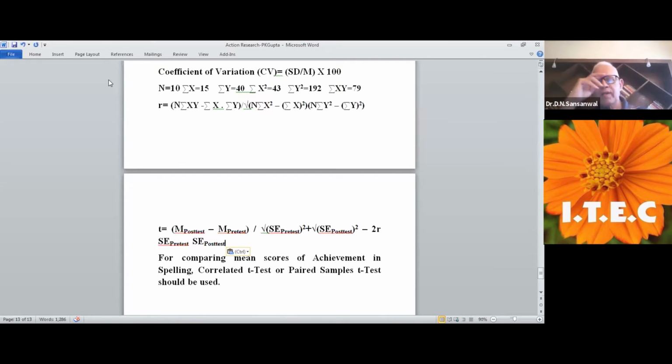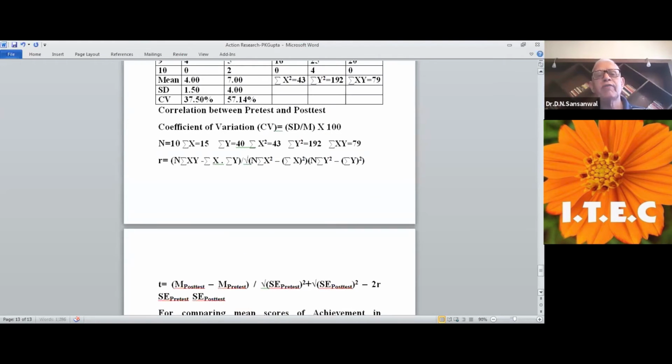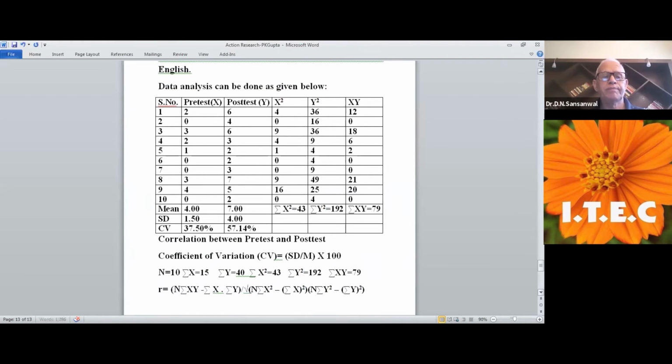Now, let me tell you the interpretation which I'm supposed to tell. So I'm telling you the interpretation now. And I will do interpretation for both so that you have not to worry about anything.